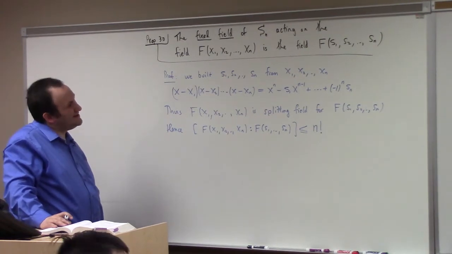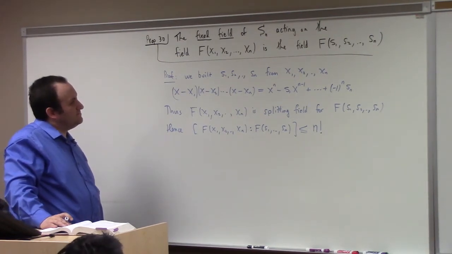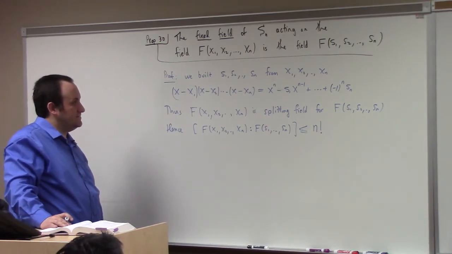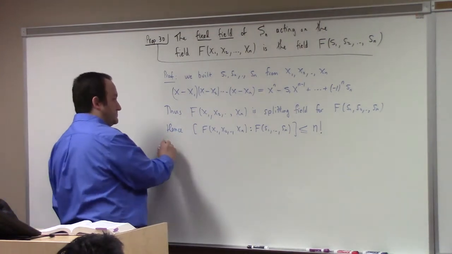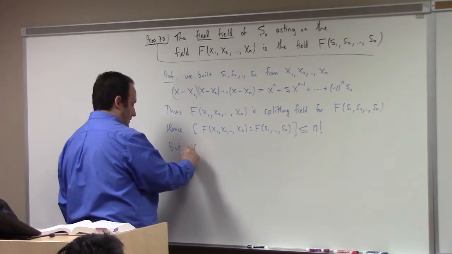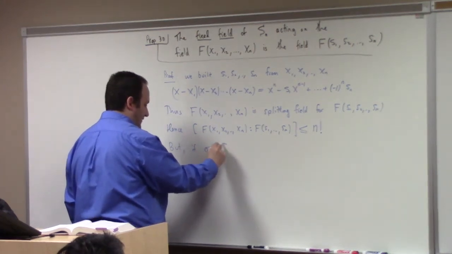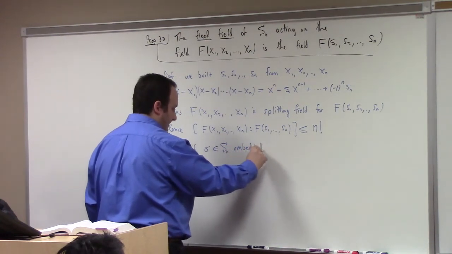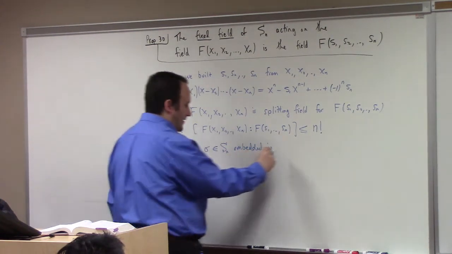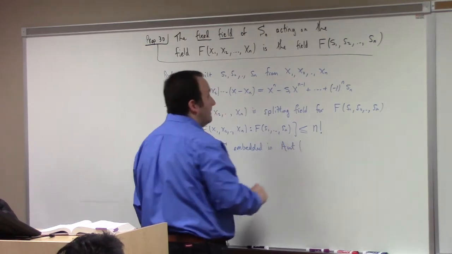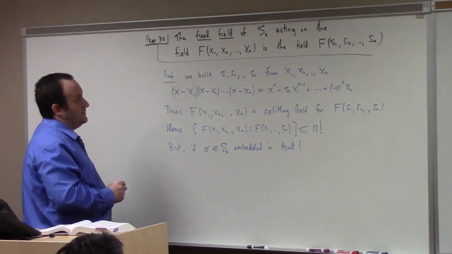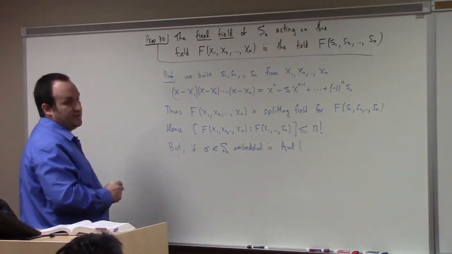But on the other hand, so great. But what about Sn? How does Sn play into this story? But if sigma is an element of Sn, which is embedded where? Embedded in the automorphisms of F(x1 through xn).